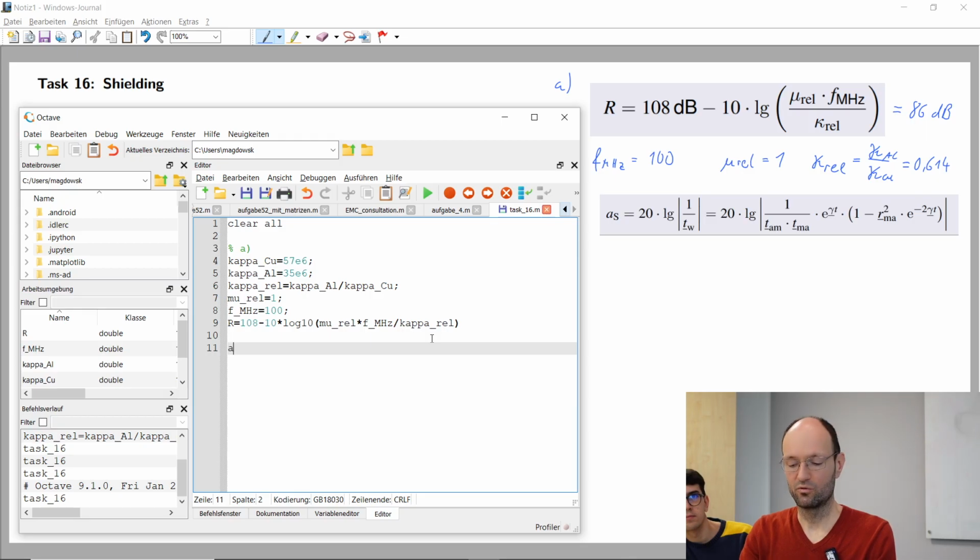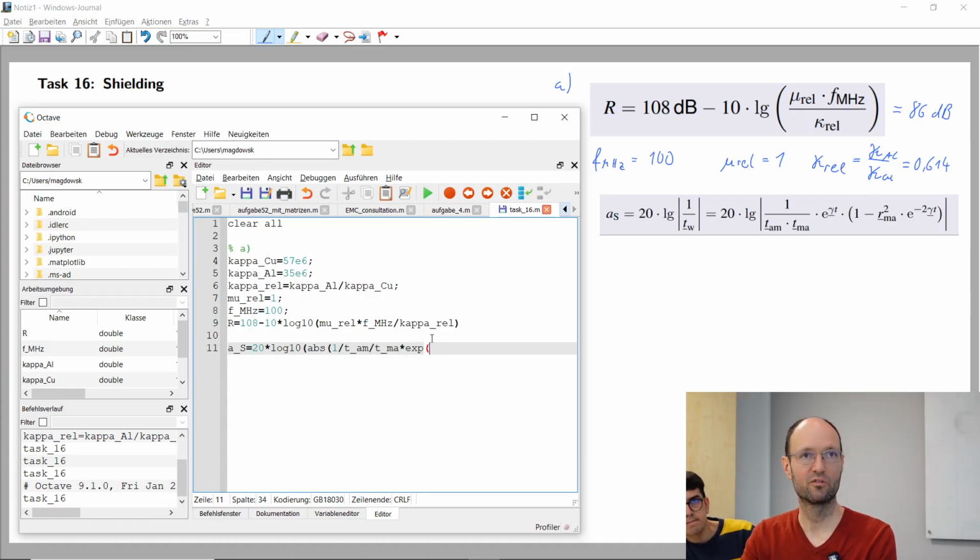Now we can also calculate this general shielding efficiency, and this is 20 times the decadic logarithm, log 10, of the absolute value of 1 divided by the transmission coefficient from air into metal, divided by the transmission coefficient from metal into air.